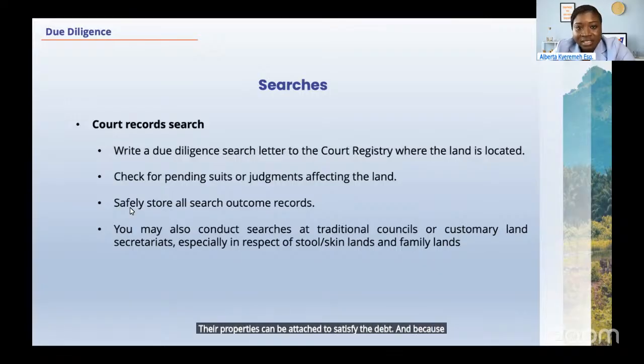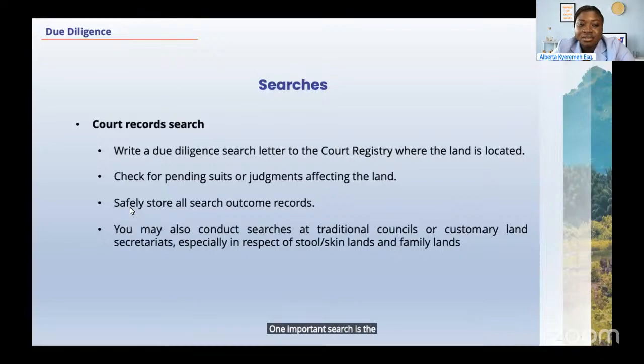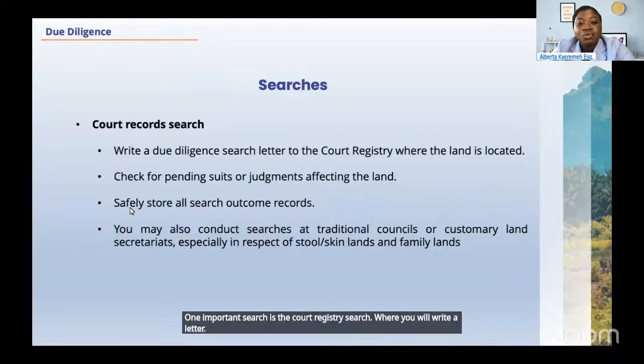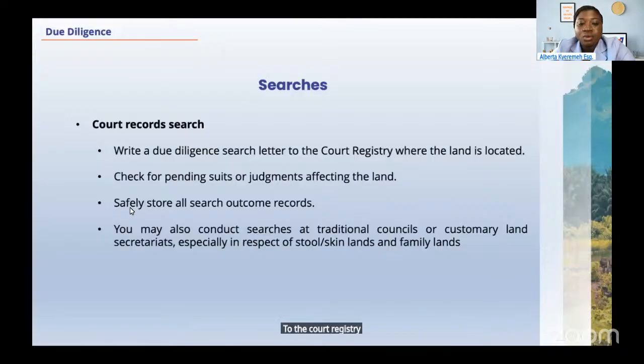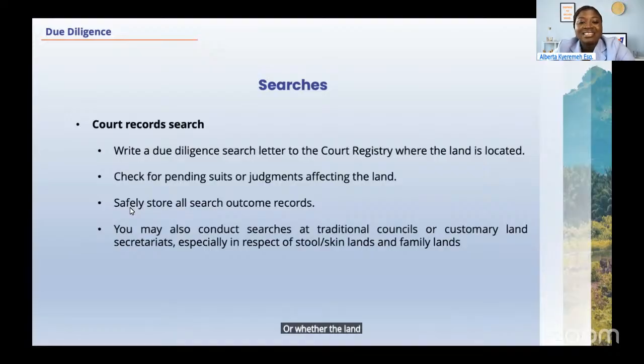And because of this, when you're acquiring a land from any landowner, one important search is the court registry search, where you will write a letter to the court registry where the land is located and ask whether the land that you are acquiring is the subject matter of any dispute in court or whether the landowner has a matter in court.